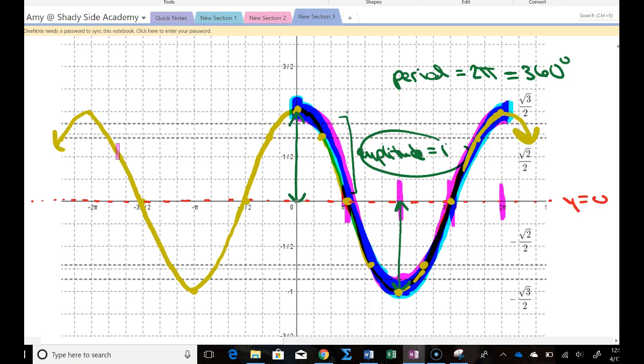Let's just do one example together here, and then that's it for homework tonight, and tomorrow in class we're going to build from this. Go ahead and find a new, clean piece of paper. What I'd like for us to do is graph the following.